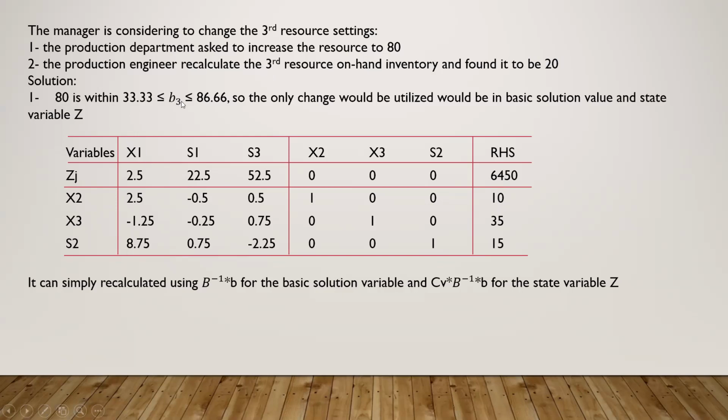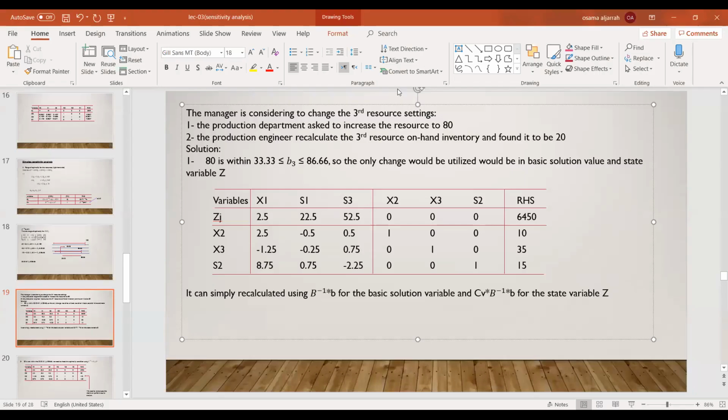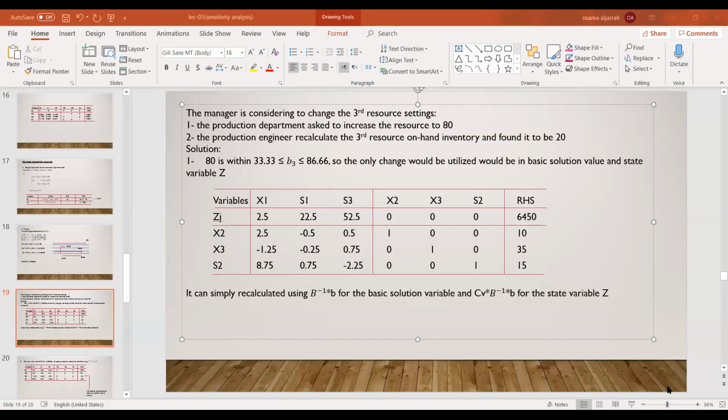If it's still in the range of optimality, can someone tell me what will happen? The value might change a bit. Yeah, so basically will they increase or decrease, what is the change that will happen?